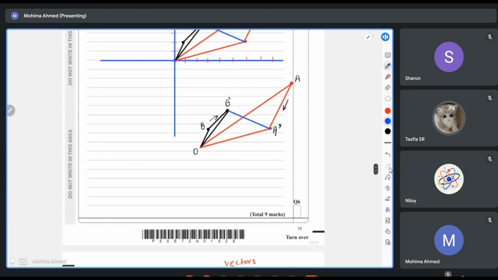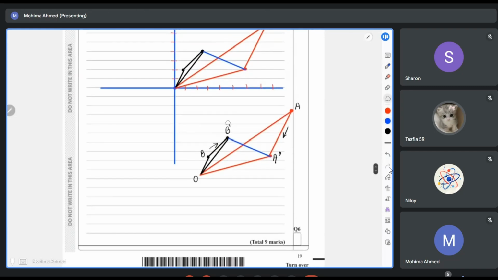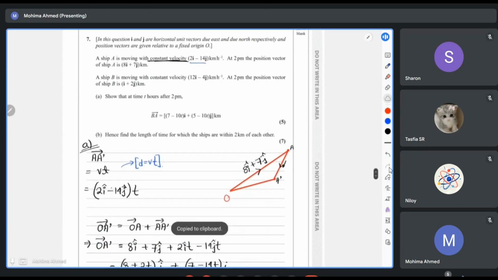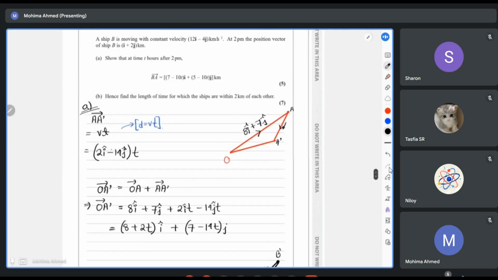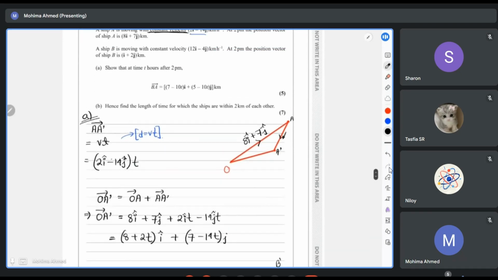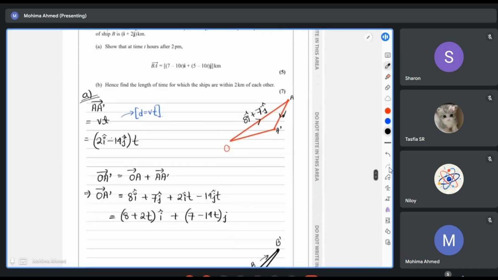Okay, then we are again going to move to part B calculation. For part B, we have to focus on just this black portion of the graph in order to find out OB prime, right? This time. For OB prime, OB is already provided, i plus 2j. And velocity this time is 12i minus 4j.